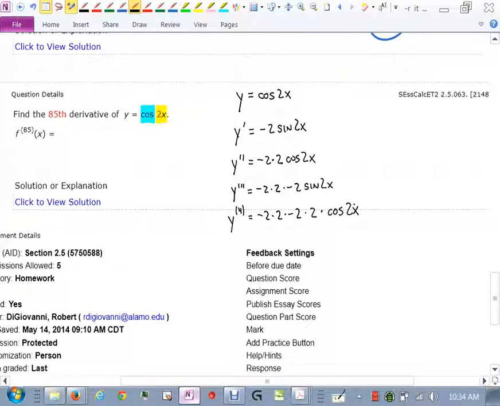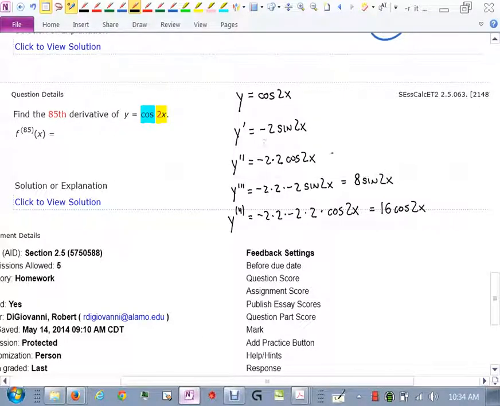And I keep doing this. Well, notice what's happening here. If I put this together, I've got four 2's being multiplied. Two of them are negative, two of them are positive, so this should be a positive number. That should be 16 cosine 2x. Over here, I put these together and get, again, a positive 8 sine 2x.